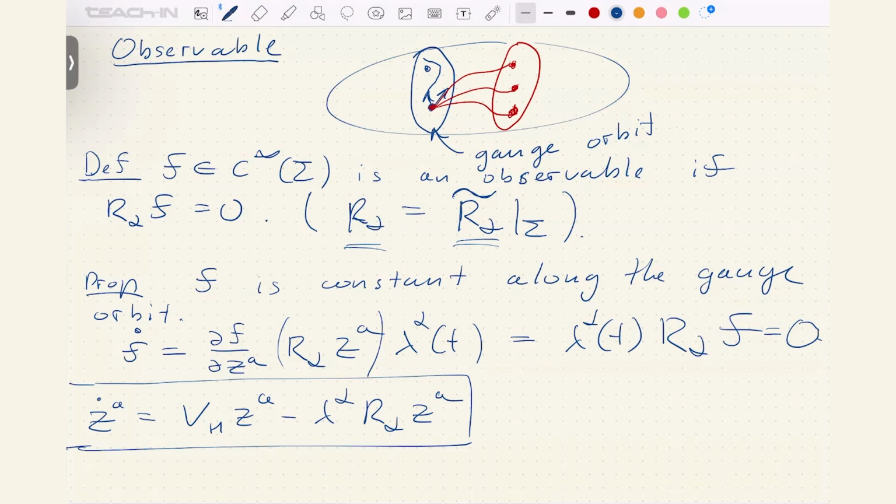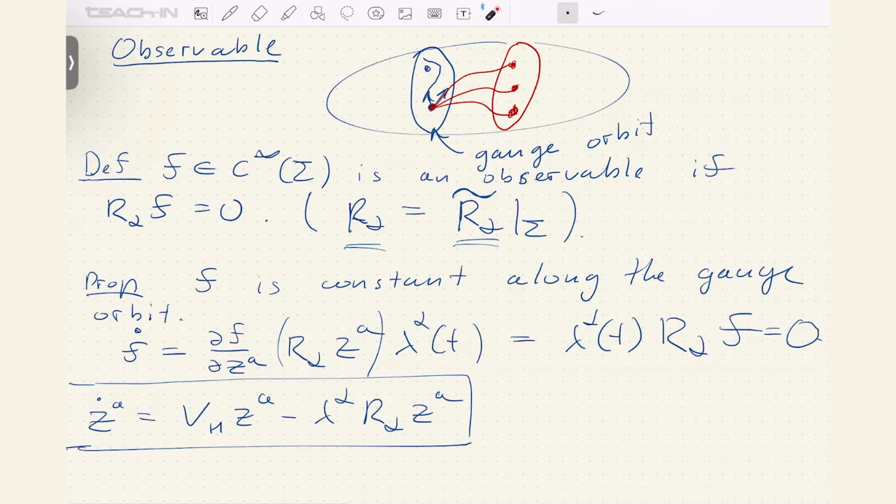We know that if we drop the first term, we just stay in the same gauge orbit. Now we add the first term because it's important, it's a physical evolution, and we want to make sure that irrespective of which lambdas are taken, in a certain time we get to equivalent physical states, right?